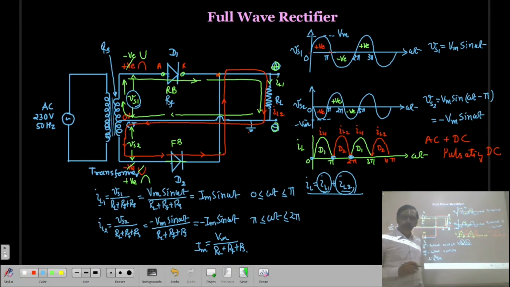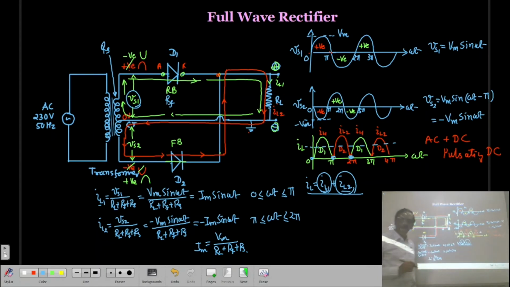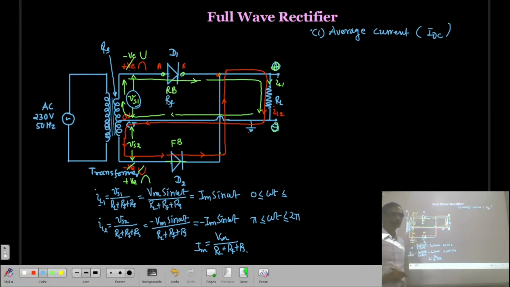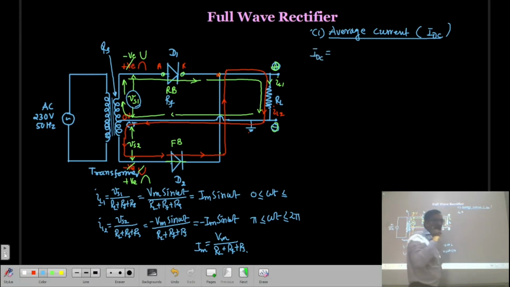Okay. Now we will calculate what is the DC current. In case of the half wave rectifier, I already mentioned that the DC current is nothing but the average current. So if you take the average of this load current IL, that will give you the DC current. Let us calculate this DC current, the average current, or we can say IDC. In case of the half wave rectifier, I already explained how to calculate the average.